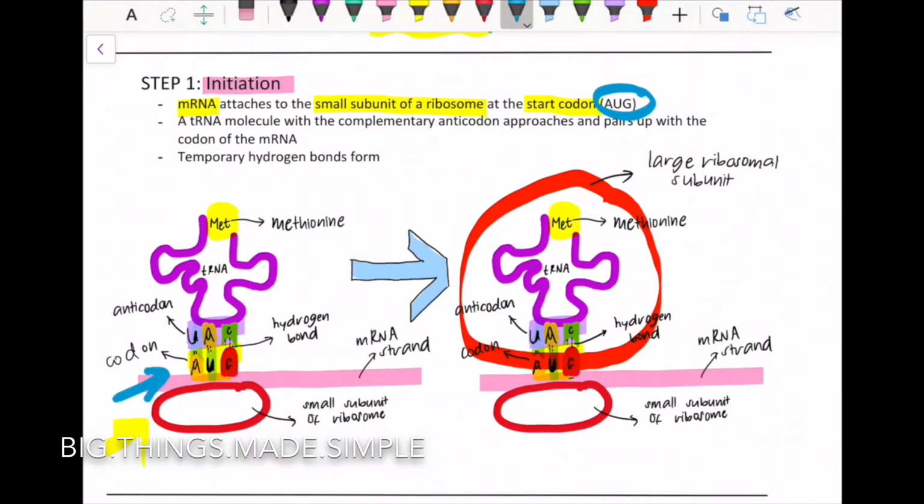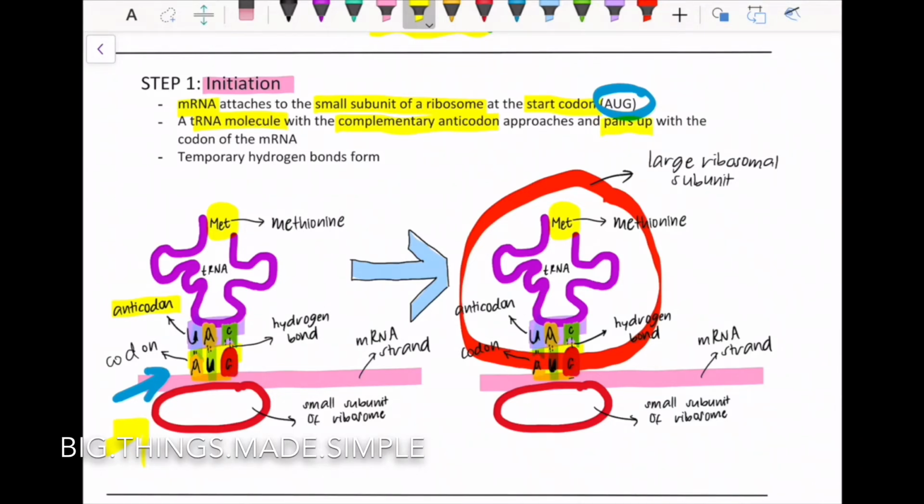So then a tRNA molecule can bind to this start codon if it has the complementary anticodon that corresponds to AUG, which in this case would be UAC. The tRNA molecule with this anticodon approaches this AUG start codon and pairs up with it according to complementary base pairing.